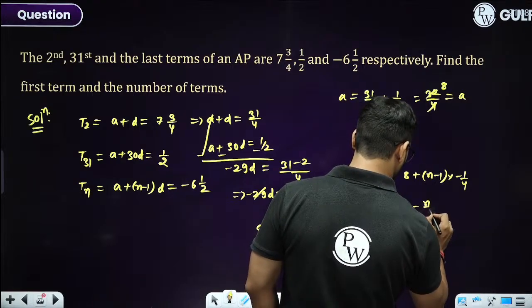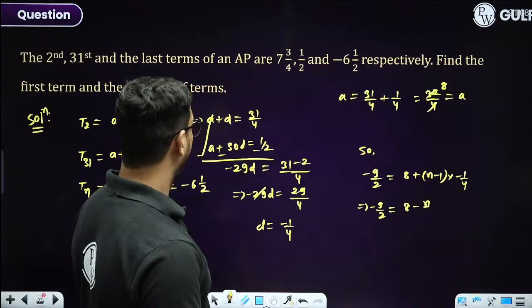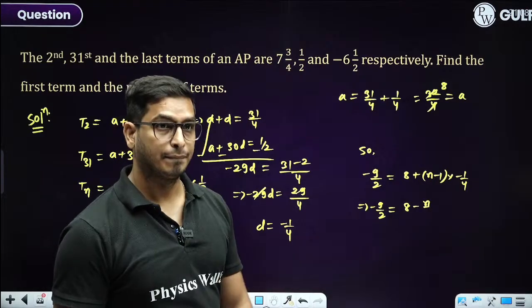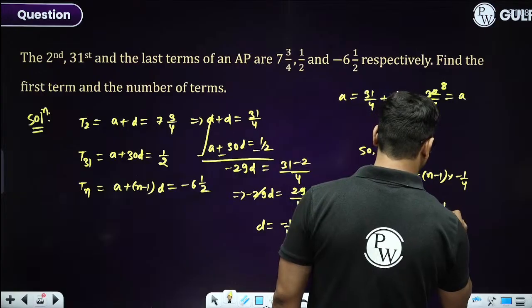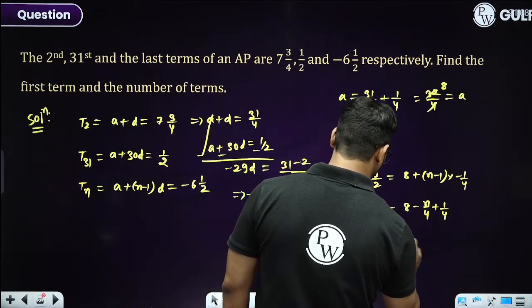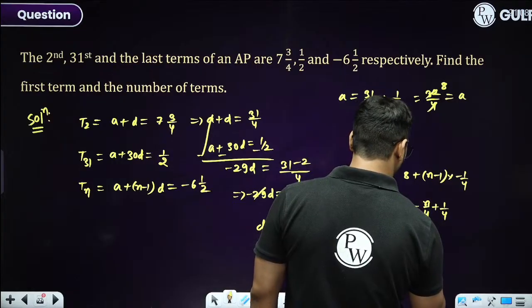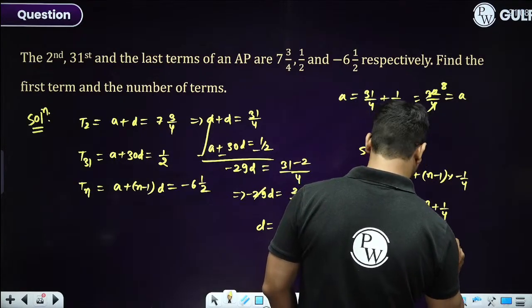Sorry, plus 1 by 4, right? Yes, sir. 8 minus n by 4. Minus n by 4, minus 1 by 4, no? So this should be plus 1 by 4. So tell me, minus 9 by 2 equals, can I write 33 by 4 minus n by 4.